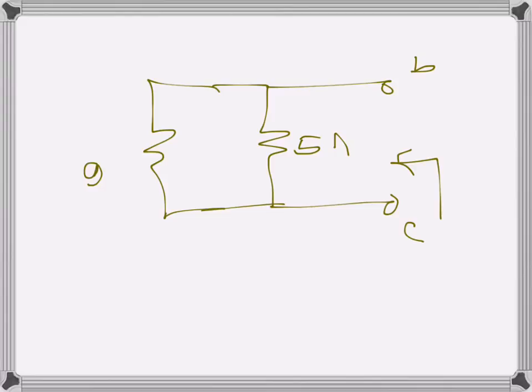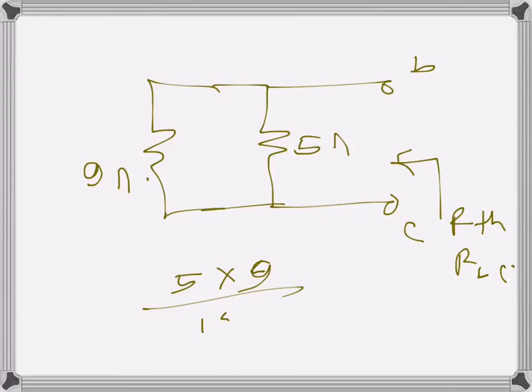So basically 9 ohms in parallel with 5 ohms. This is the Thevenin's resistance, which is RBC. So that's 9 times 5 over 9 plus 5, which is 14. So this is 45 over 14 ohms, and that is RBC, R Thevenin.